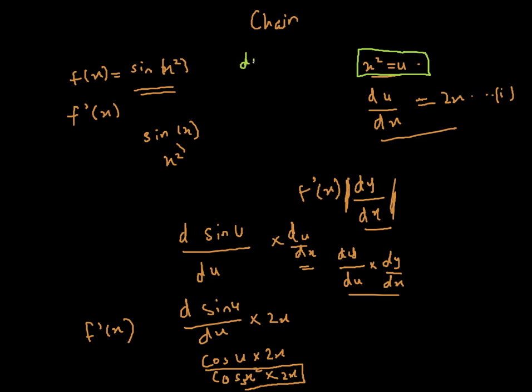So it says that dy by dx can be written as dy by du into du by dx. That's all the rule says. This can be done n number of times, even if we have, say, sine of e raised to x, the whole squared.